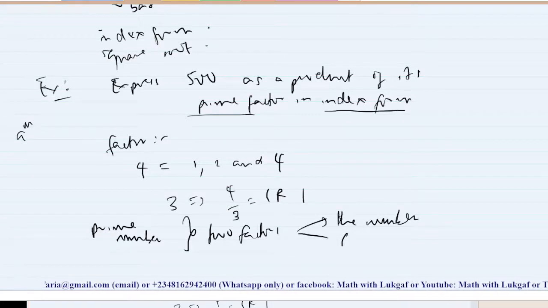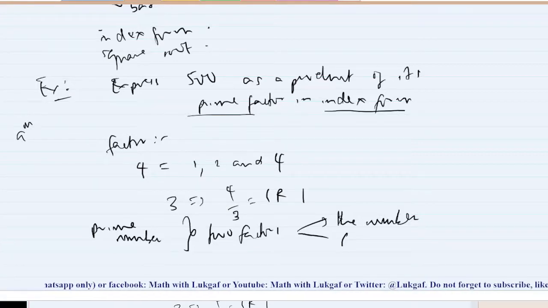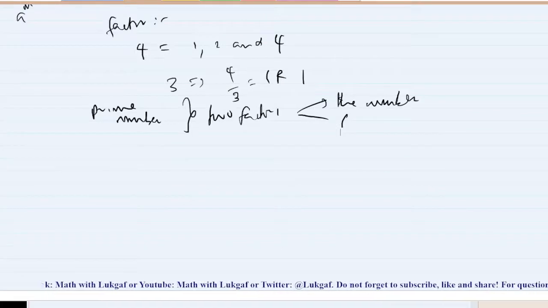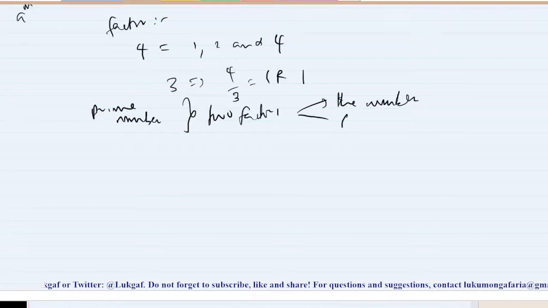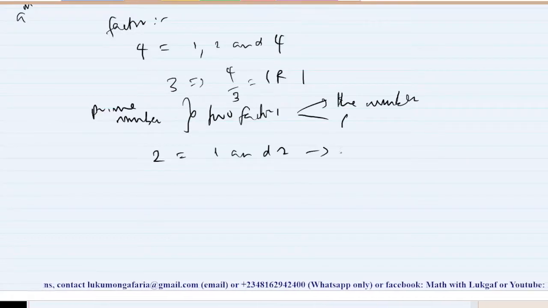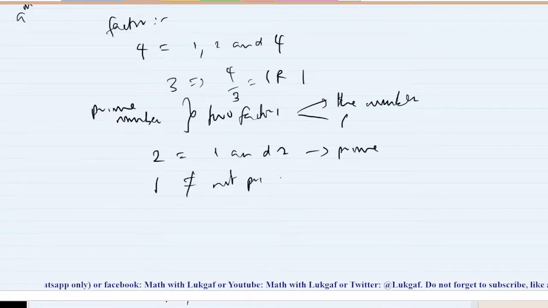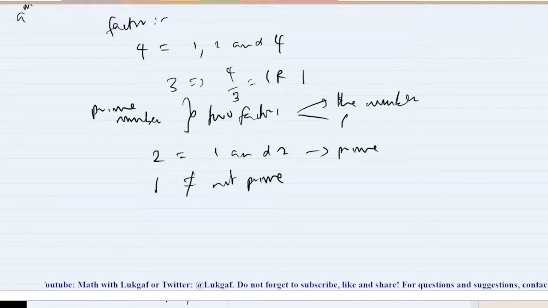So when you have a number and you find out that it has two factors, itself and 1, then you conclude that such a number is a prime number. For example, 2. You can see that 2 has how many factors? 1 and 2 itself. So 2 is considered to be a prime number. What of 1? Is 1 a prime number? 1 is not a prime number, because 1 has just one factor.